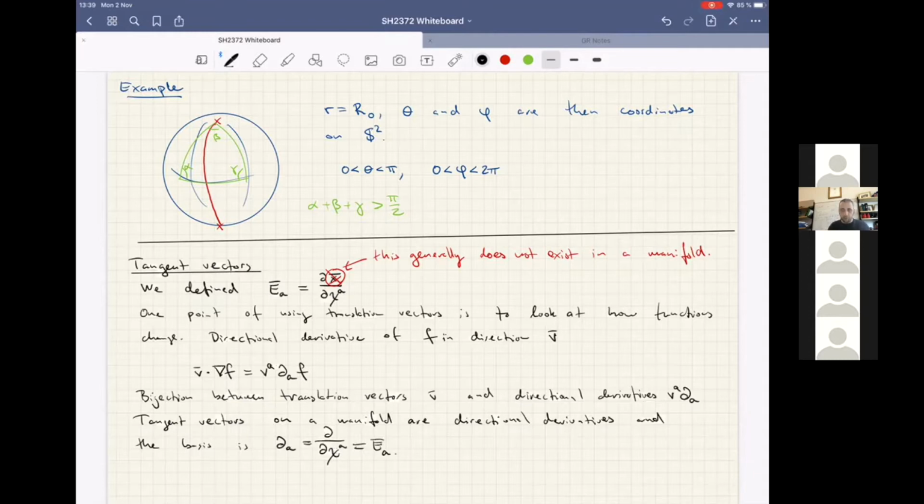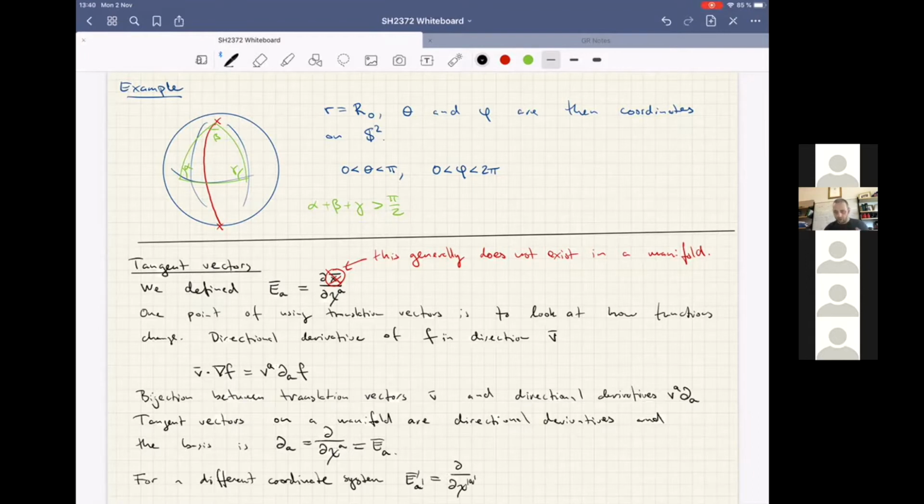So to make it more plausible, let's check how this would change if we use a different coordinate system. Let's use primes to denote that coordinate system. We have E'_A'. That would be by definition, let me write it explicitly as ∂/∂chi'^A', the partial derivative with respect to the prime coordinates.